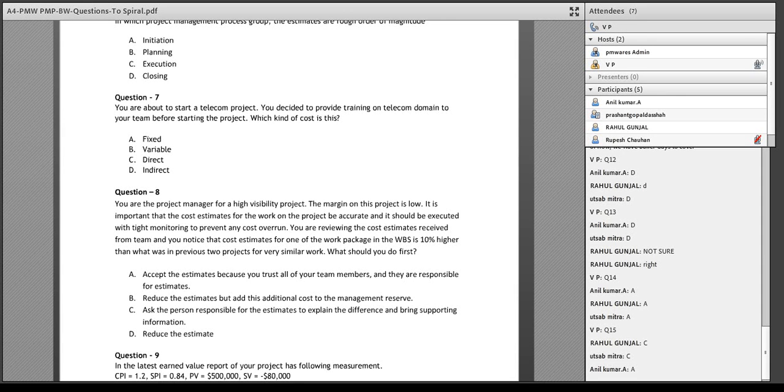It looks very close to the question. The options are very close to each other.